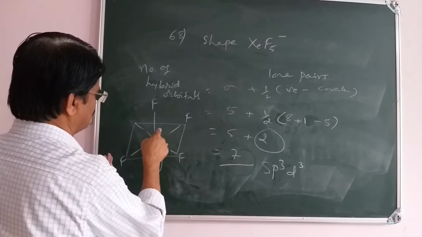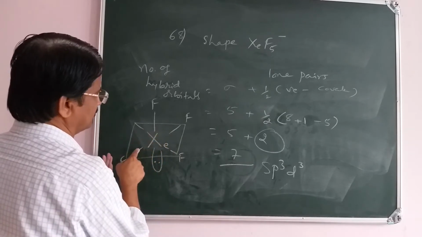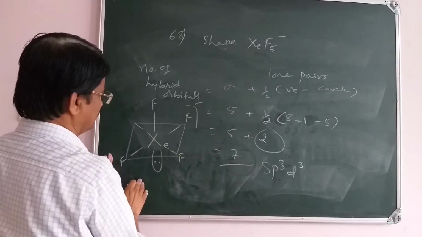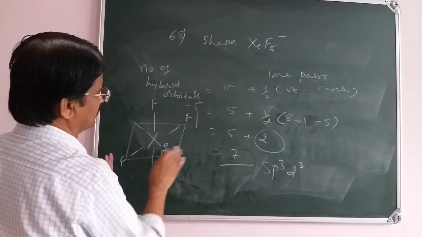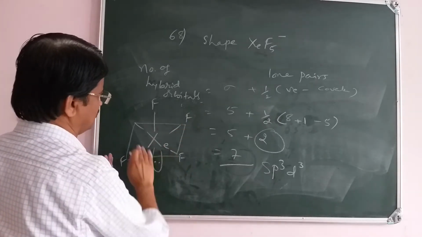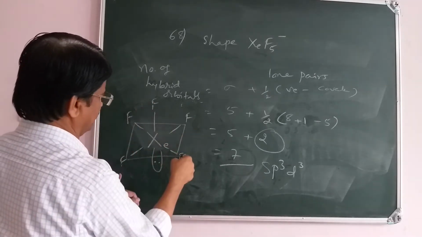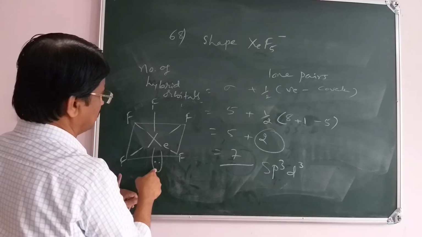Actually, it contains 2 lone pairs. XeF5: 1, 2, 3, 4, 5, and a lone pair.